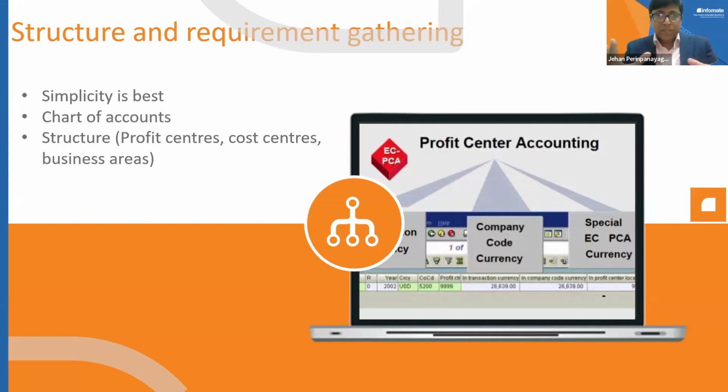This is your foundation. Get this wrong, and then it becomes a perpetual struggle thereafter. Right? So look at chart of accounts, look at your profit centers, business areas, cost centers. I'm using SAP parlance, but this will apply to whatever ERP system that you use. Remember, simplicity is best. Keep things simple wherever possible. Avoid complicating.